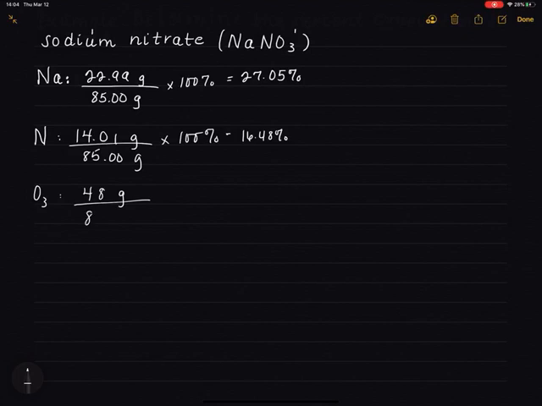My formula says that I have 3 oxygens. I have to make sure that I remember to include that 3. That is probably the most common mistake in these kinds of problems. We either forget to use that subscript or we don't use it correctly. We miscount our atoms.